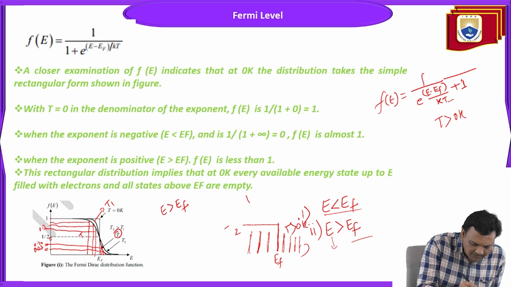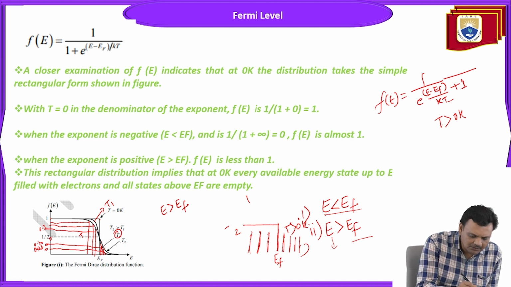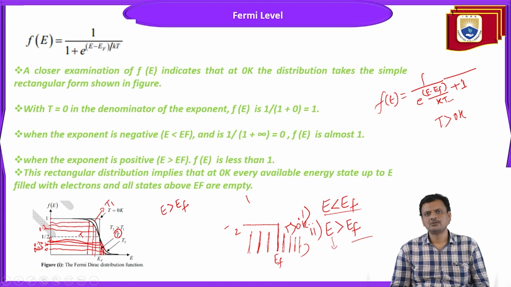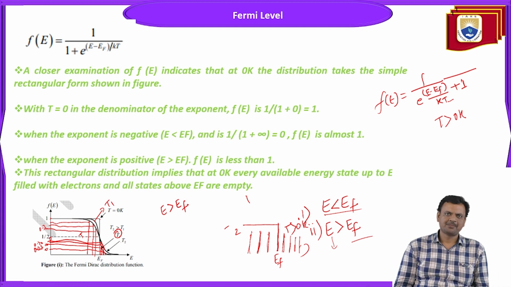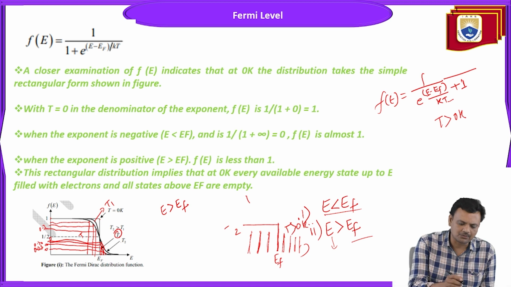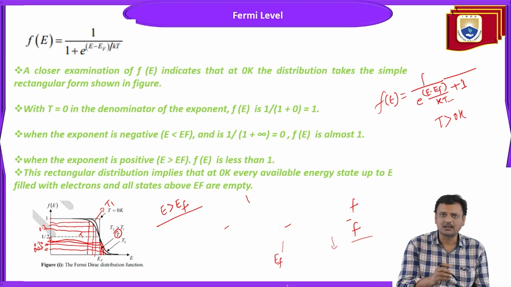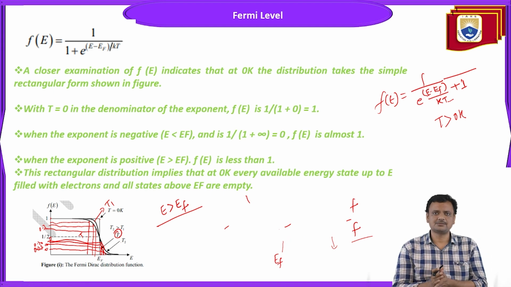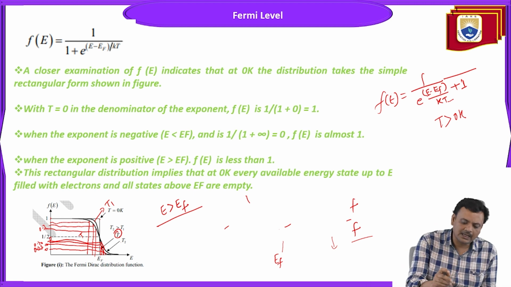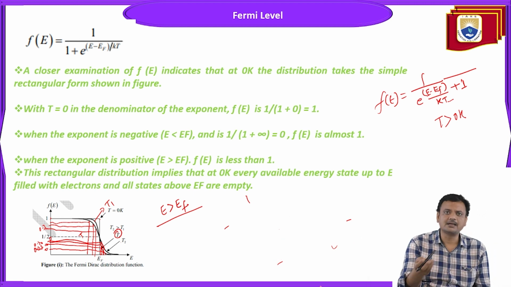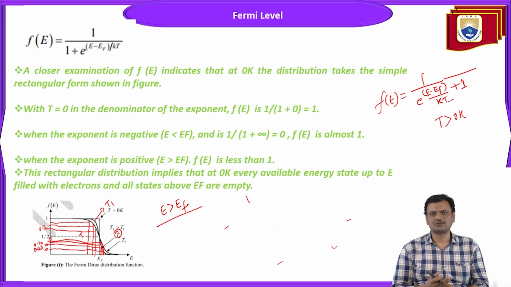But for the same energy levels, the chance for occupancy at temperature T2 will be enhanced in comparison to the T1 curve. What you can conclude is that the chance for occupancy for those energy levels having an energy value greater than EF will increase at higher temperature, greater than 0 Kelvin.